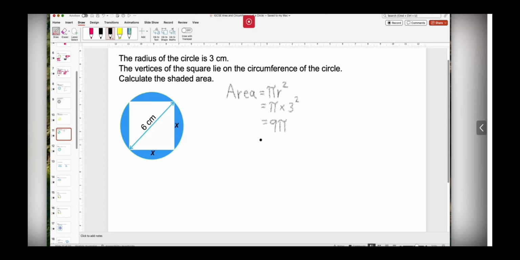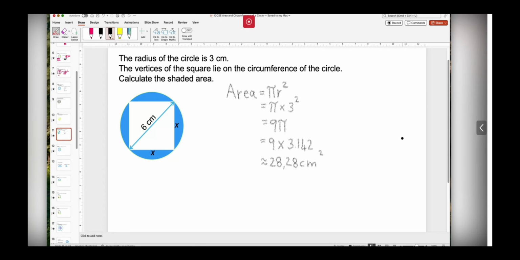And if you use the value of 3.142 for pi, you will get 9 times 3.142. Let me just double check this on the calculator. 28.28 squared centimeters.